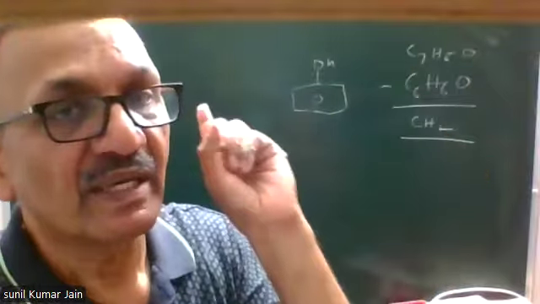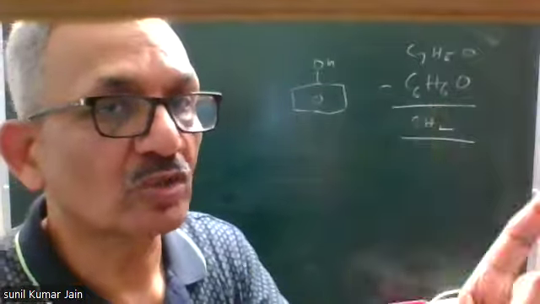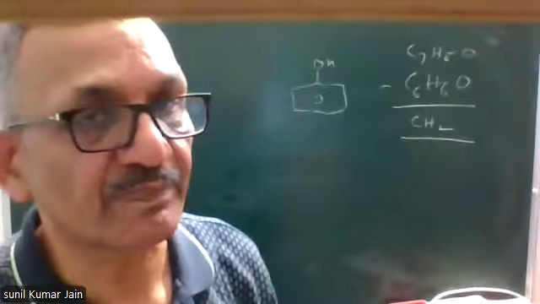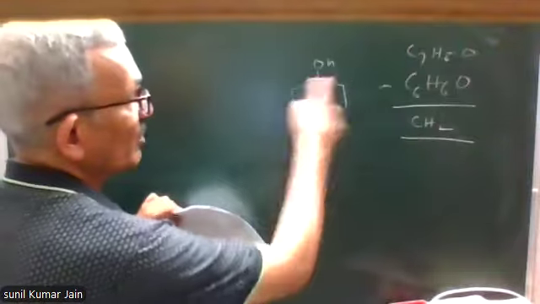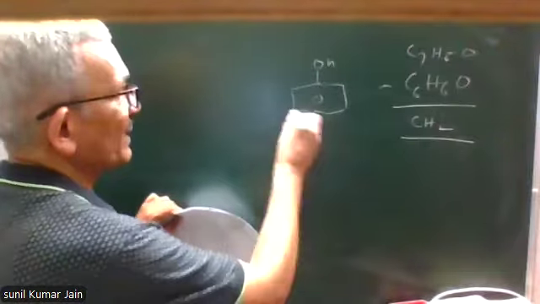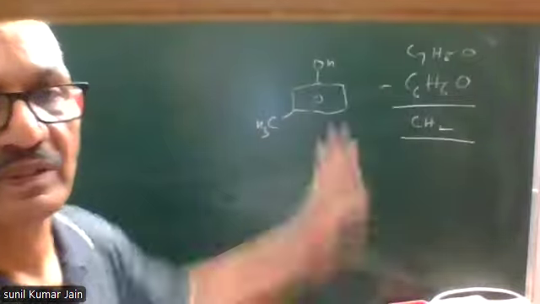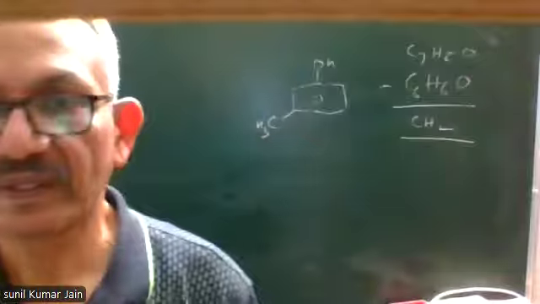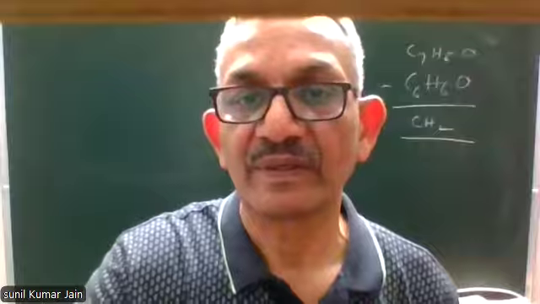Means there will be replacement of hydrogen from ortho and para positions by 3 bromine atoms. It means methyl group cannot be present at ortho and para, it can be present only at meta position. So the answer is 3-methylphenol. 3-methylphenol is the answer, right?